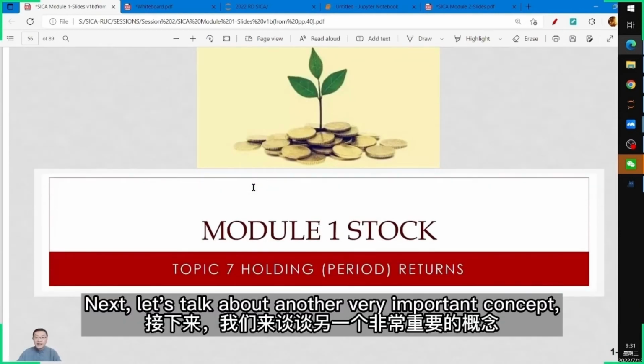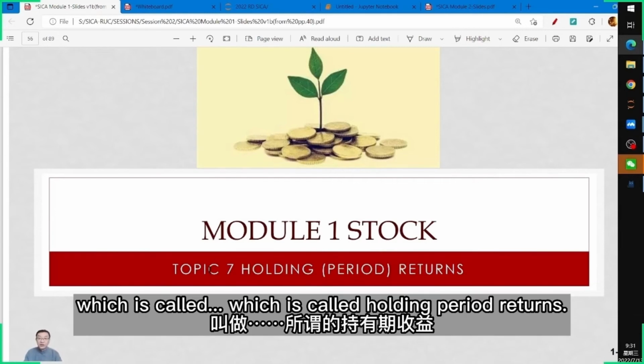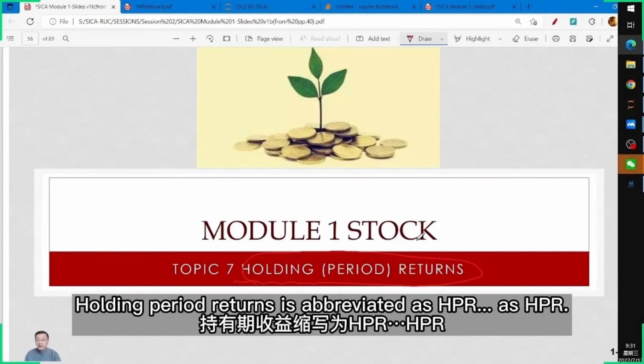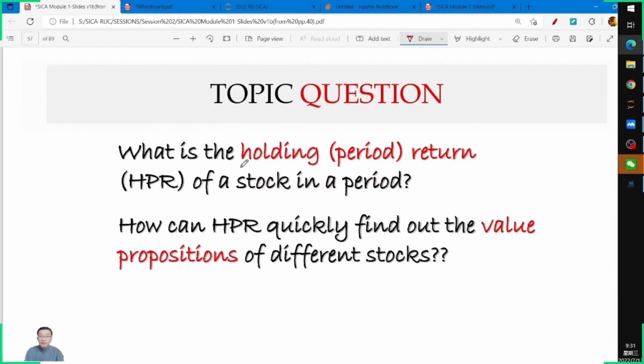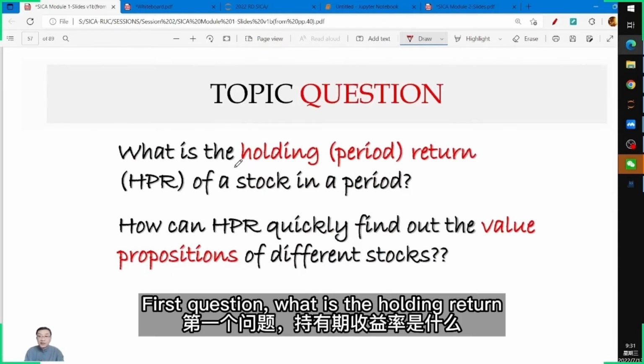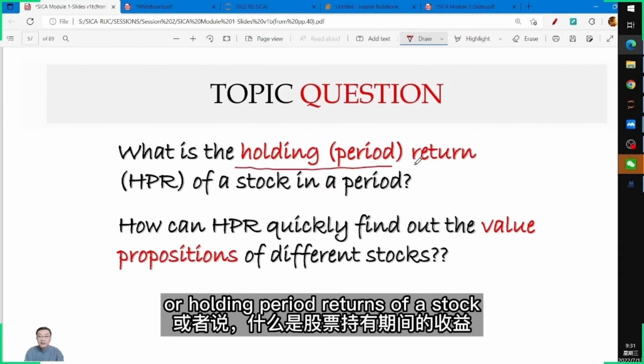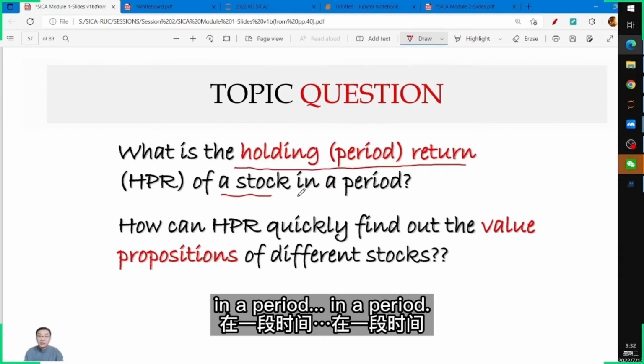Next, let's talk about another very important concept, which is called holding period returns. Holding period returns is abbreviated as HPR. Let's look at the questions in this topic. First question, what is the holding period return of a stock in a period?